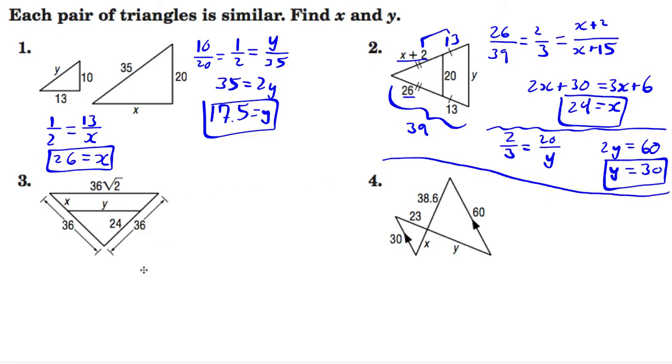Three looks a little bit challenging as well, but like we said before, we can see these overlapping triangles. So this is 24, that larger one is 36. So the scale factor from small to large is 24 to 36, and we can divide these both by 12 to get 2 to 3, again, as that scale factor.